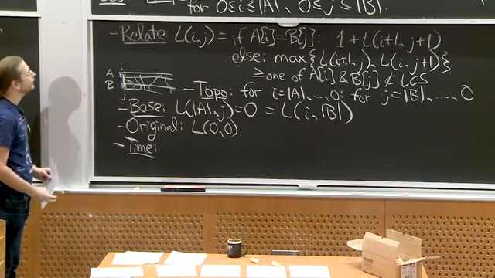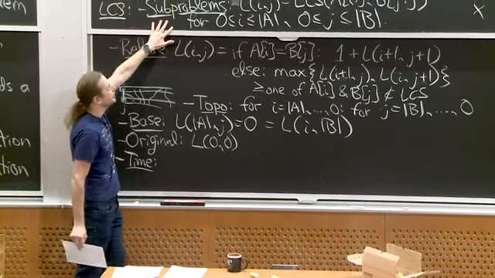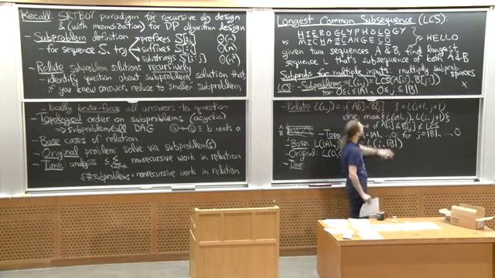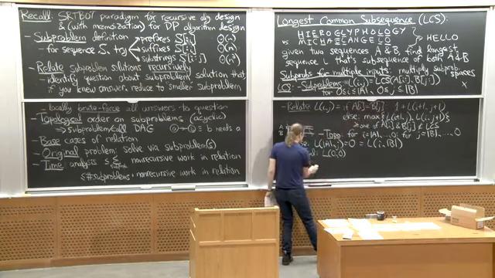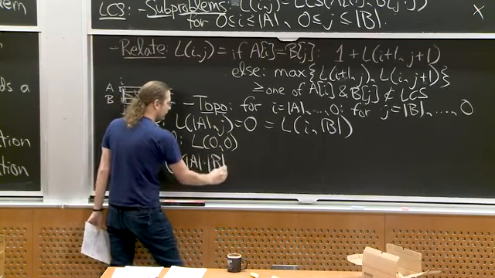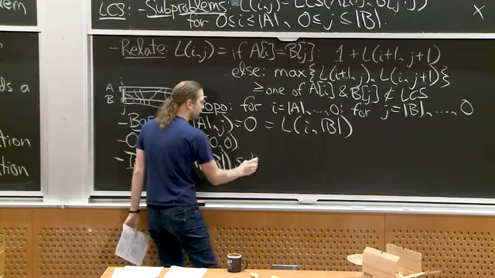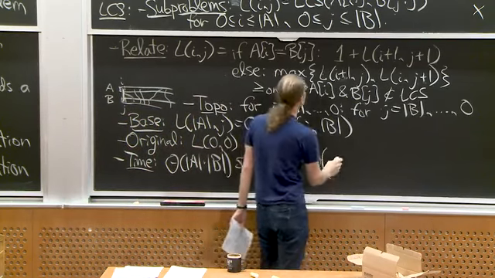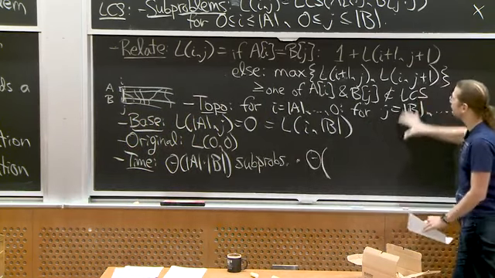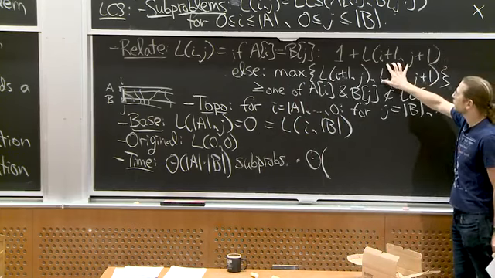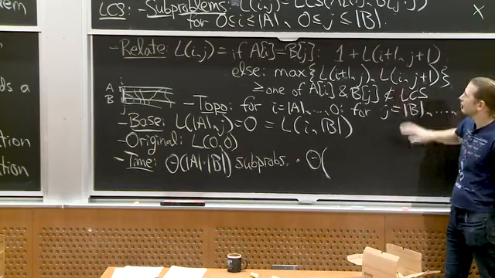OK, so for time, we need to know how many subproblems there are. It's (|A| plus 1) times (|B| plus 1). I'll just call that theta of |A||B|. Assume these are non-empty strings. So this is the number of subproblems. And then what we care about is how much time we spend for each subproblem in evaluating this recurrence relation. So we ignore the cost to recursively call these L's because they are smaller subproblems.